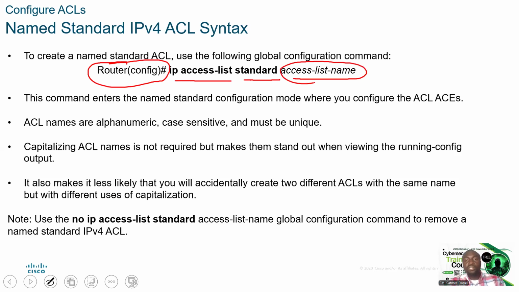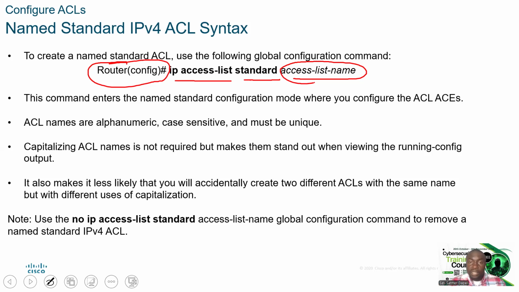The name should describe what you are doing, like FTP transfer or deny HTTP. Once you do that, this command enters the named standard configuration mode where you configure the access list. The access control list names are alphanumeric.